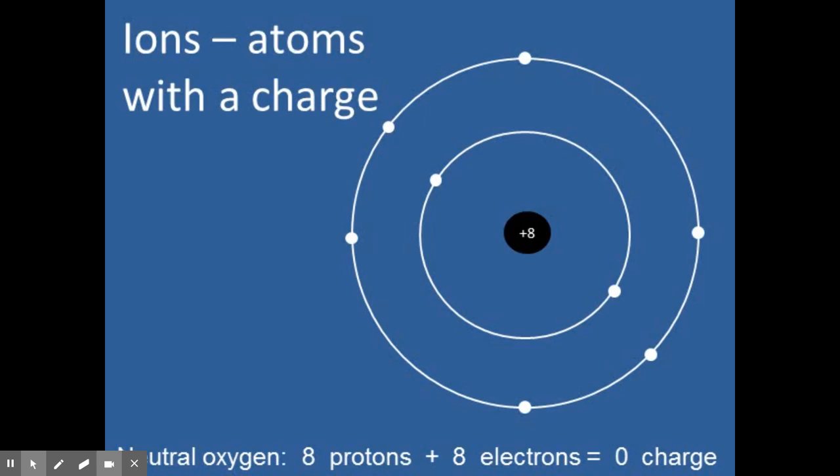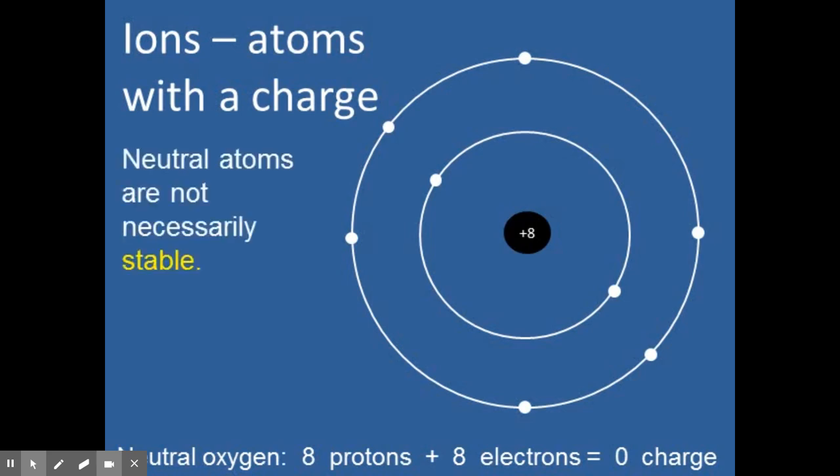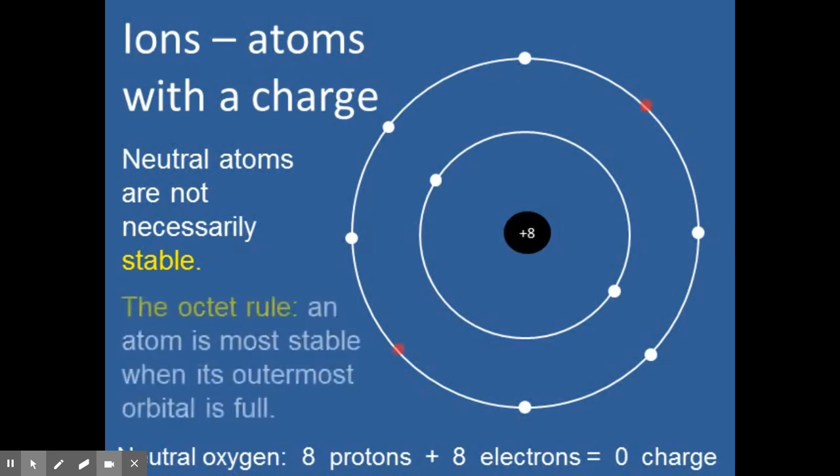Neutral oxygen has these two balanced out to be a zero charge. Now, neutral atoms aren't necessarily stable. Stability is met by having an outermost orbital that's full, and oxygen achieves this by picking up 2 extra electrons.